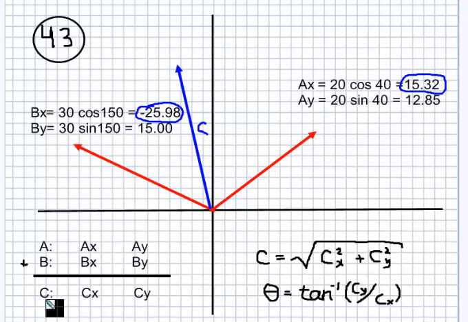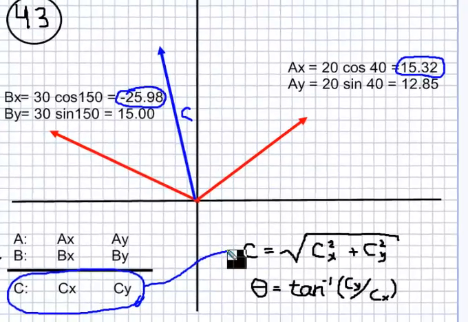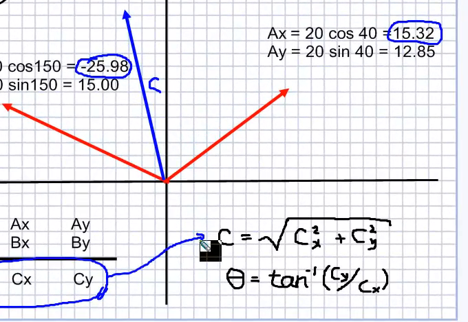And then once we've got a good description of the x and y components of vector C, we can figure out the magnitude by Pythagorasing them, and we can figure out the direction by inverse tangenting the y and x components.